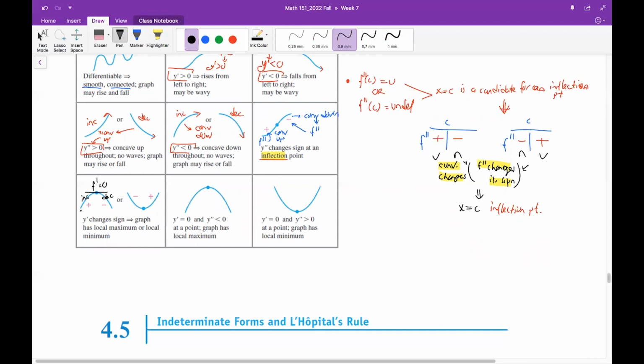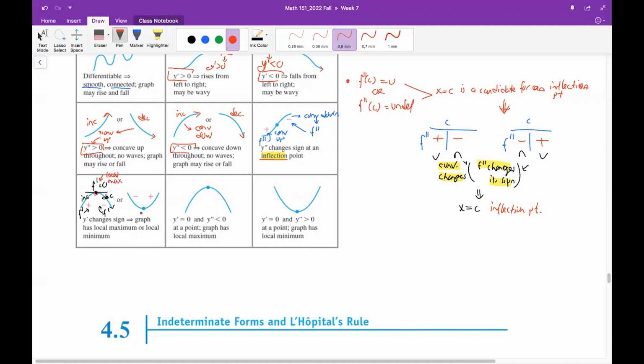Increasing means first derivative is positive, decreasing means first derivative is negative. So that's why your function behaves like this. First increasing, then starts decreasing. And right at this point now, you have a local maximum point, right? So this point is a local maximum point.